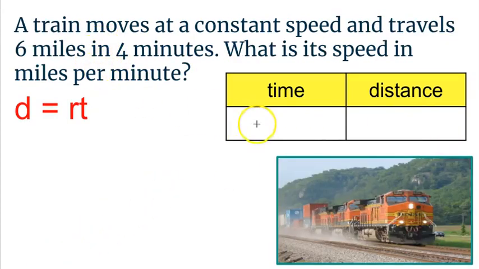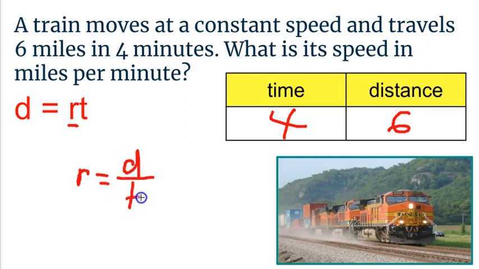Here we have the train going 6 miles in 4 minutes. Our question is, what is its speed? What is its rate? Yeah, so we have to take the distance and divide it by time. So we get the rate is equal to distance divided by time. So we take 6 divided by 4. 4 goes in 6 one time.